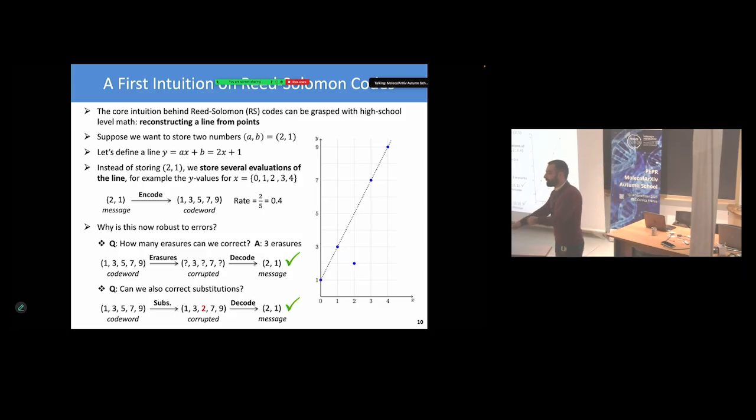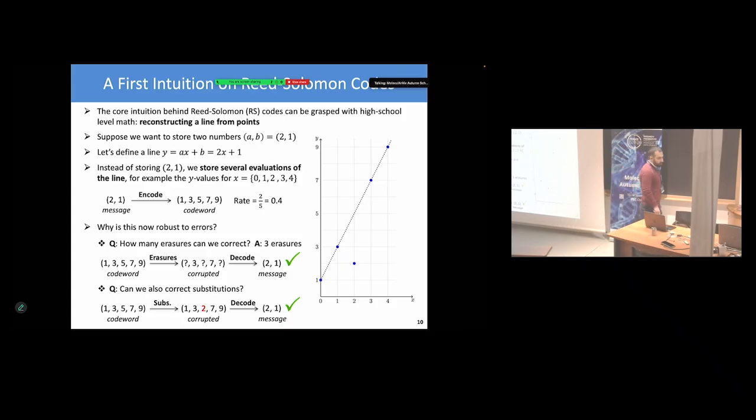Yes, Vasily? Do you also have an additional layer of robustness because you're expecting the numbers to be ordered in a decreasing or increasing fashion depending on your slope? No, that was arbitrary actually. I'm not using the fact that they are sorted from least to largest. If you see a point that's not fitting that pattern, you know that something is wrong.